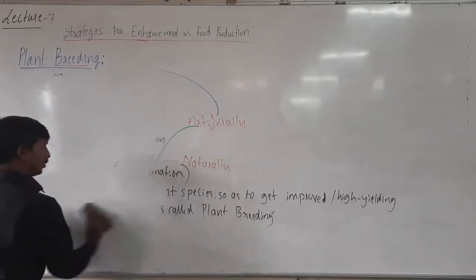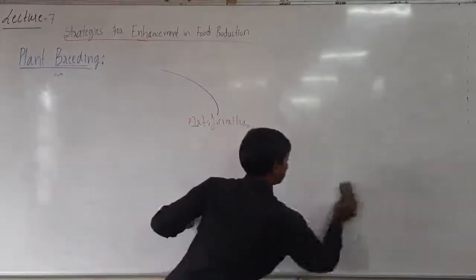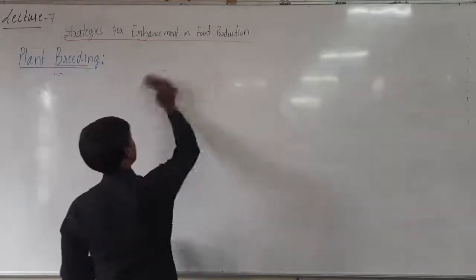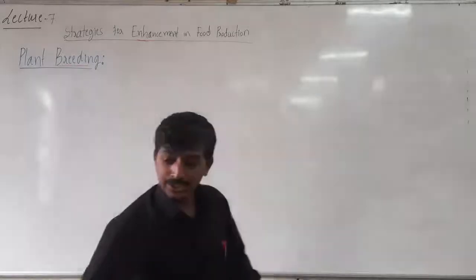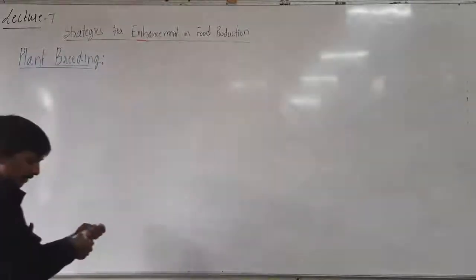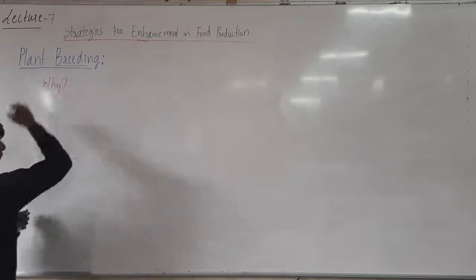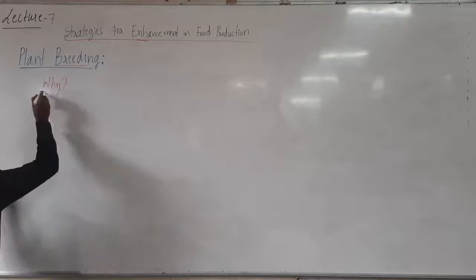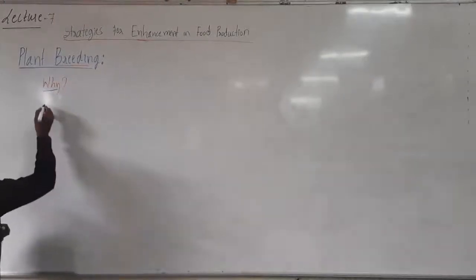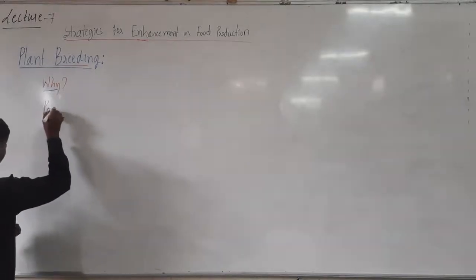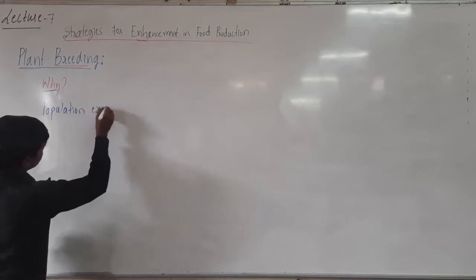So firstly, why is it required? Let us understand why plant breeding is required for human beings. Of course, naturally all the processes occur. What is the need to perform all these processes, right? A great question. So nowadays we all know about the population explosion.